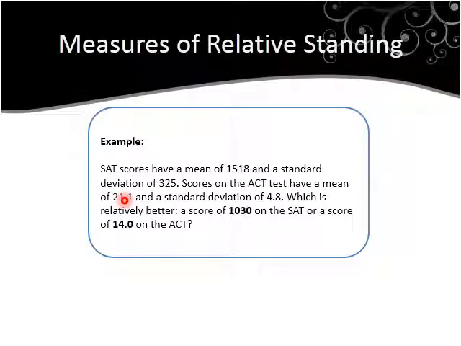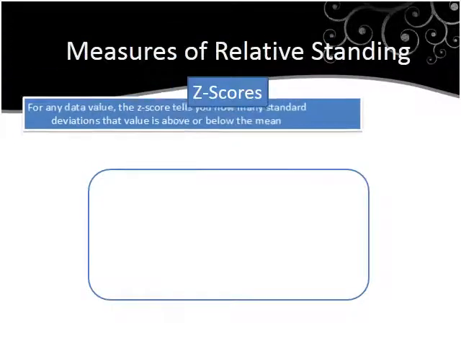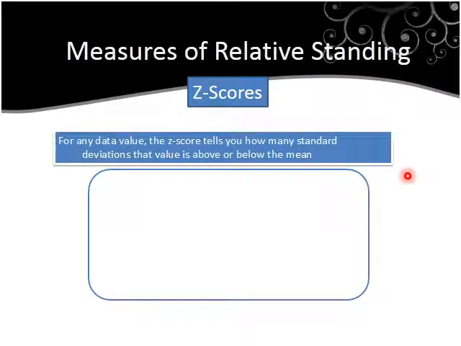We obviously couldn't just take two different scores, one from the SAT and one from the ACT, and compare them directly, because the ACT almost is guaranteed to have a higher score, but that doesn't mean it's necessarily a better score, because it's on a different scale. So we'll come back to that problem in a moment.